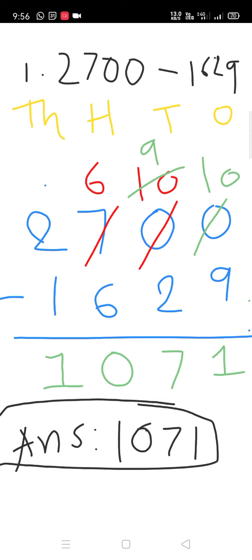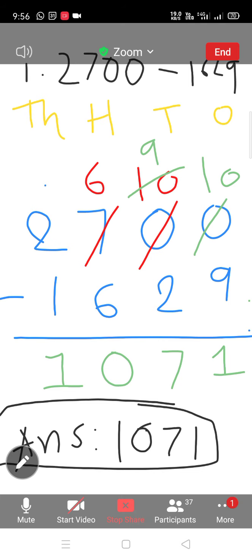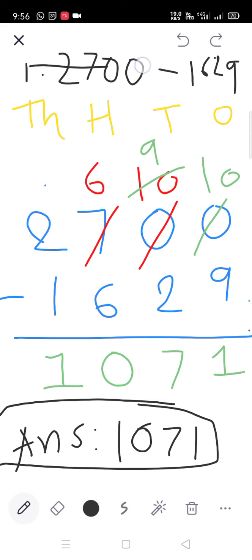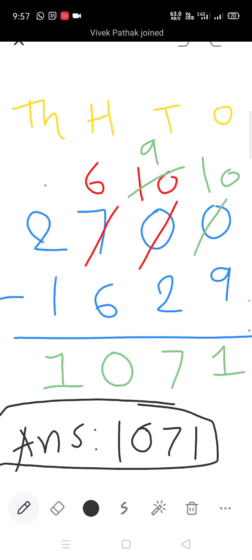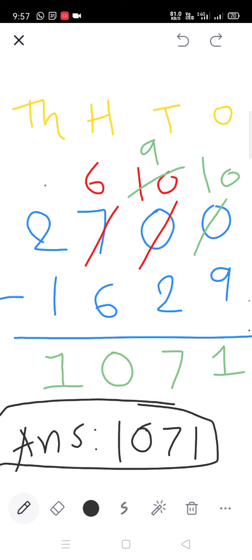Please complete fast as we have to also solve the second example. Students who are done, I am writing here example number 2. Please write it down and try to solve by yourself. If you are done, write down the second example. 9000 minus 2187.